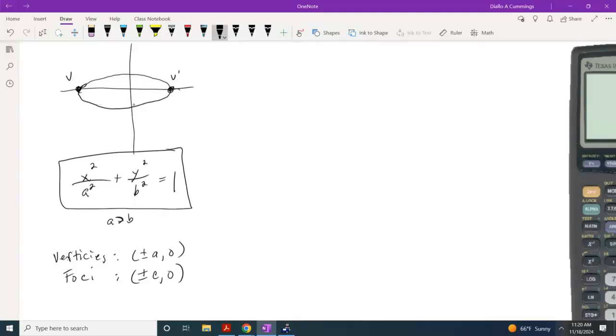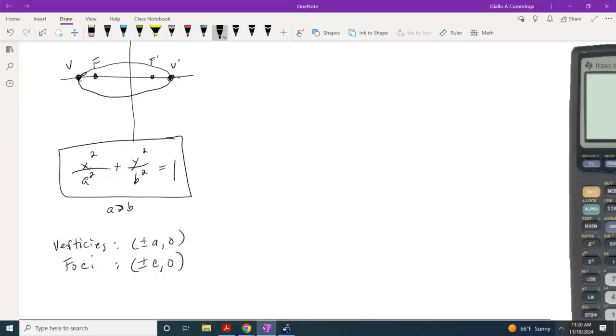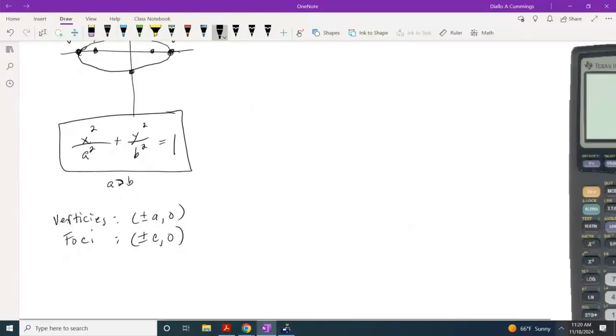On our minor axis, well, let me just label the foci. I'm going to call this F, and I'm going to call that F prime, just to show where these things are located. Along the minor axis, we can find the minor axis endpoints. The minor axis endpoints are going to take the form 0, comma, plus or minus b.